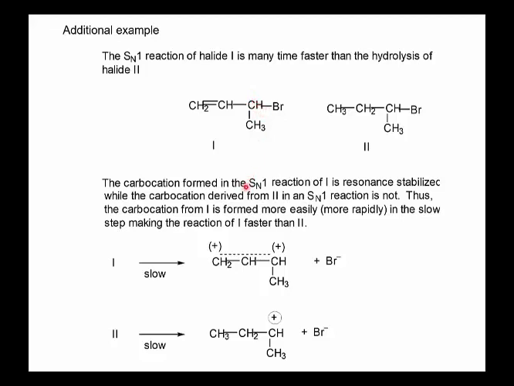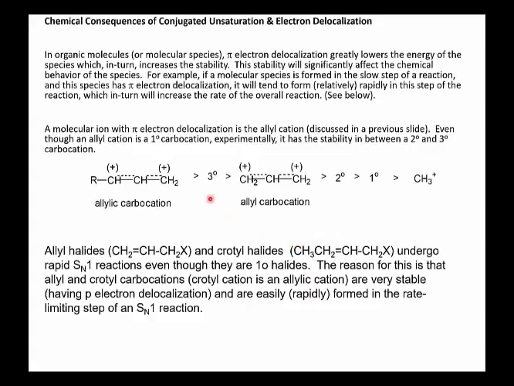And what I'm drawing here is the single dotted line structure representing those two resonance structures. Well, this single structure here, the dotted line structure, we recognize as an allylic carbocation, right?